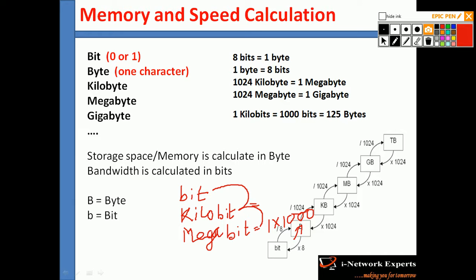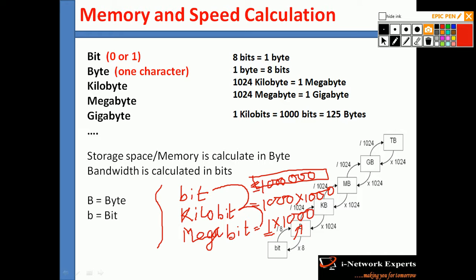Now the value will be 1000 kilobit. Then 1000 kilobit you convert into bit by multiplying by another 1000. The value will be 1,000,000. So 1 MB equals this many bit. You got the idea?